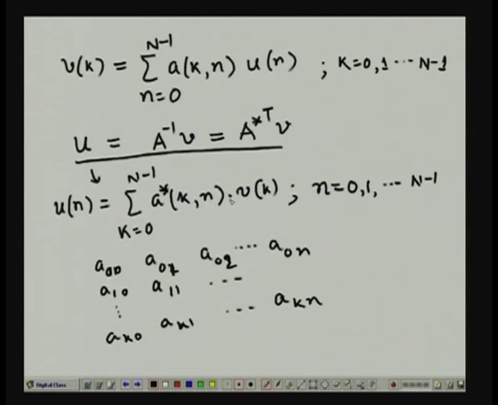Now, you find that in this expression we are multiplying A k n star, which is the conjugate of A k n, into V k.